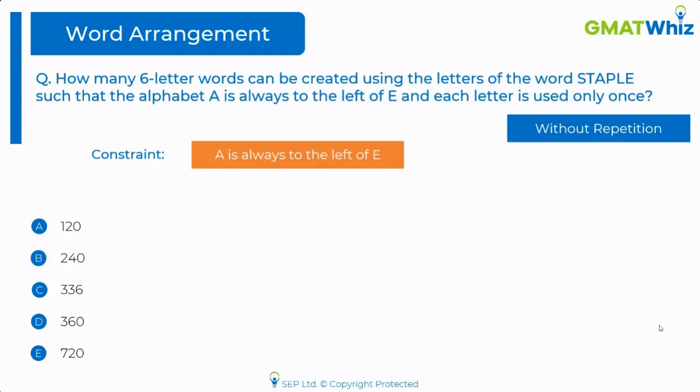Take a minute if you want to. The question is saying A is always to the left of E, but can I infer that A and E have to be together?